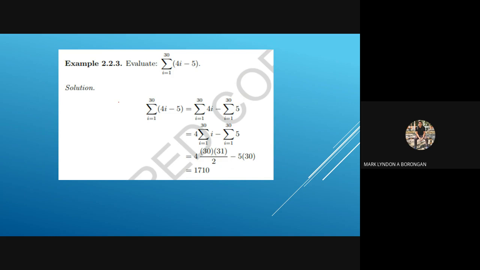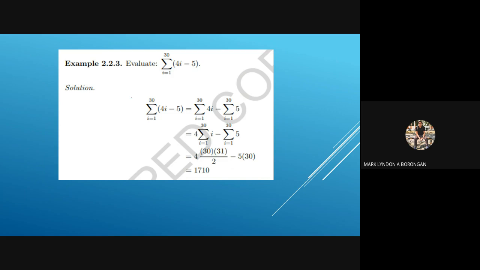You wouldn't want to write out from 1 up to 30 one by one on your bond paper. So you'll apply the formula to make the process easier.